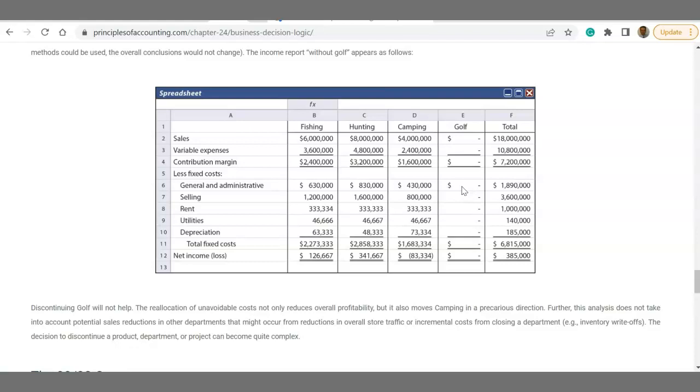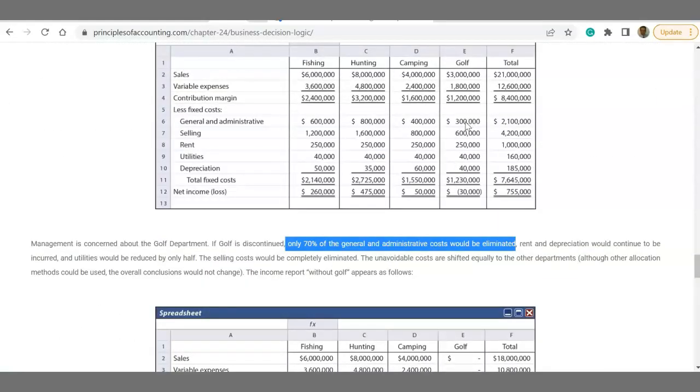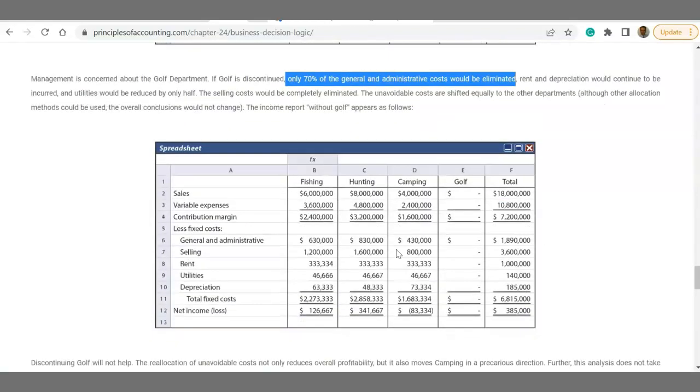And 70% of the general administrative will be eliminated. The remaining $90,000 goes to other departments. So here, 630, 830, and 430.